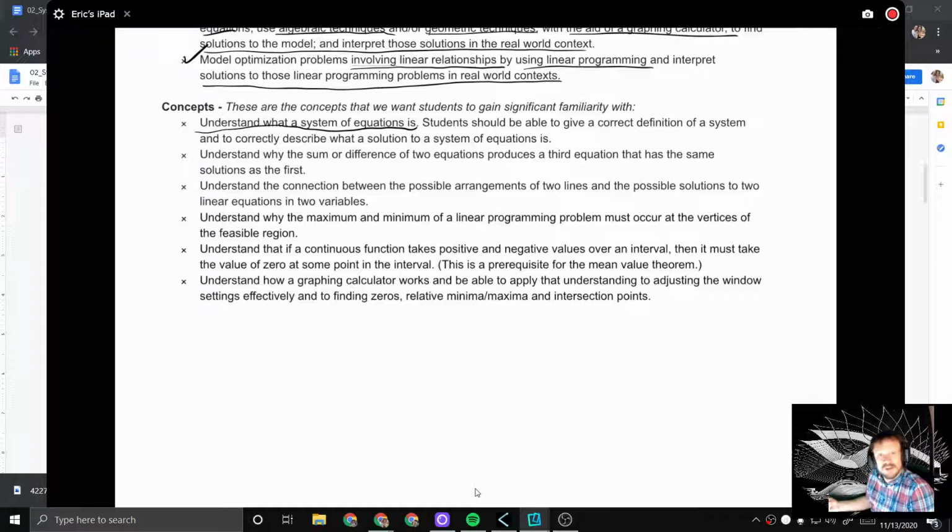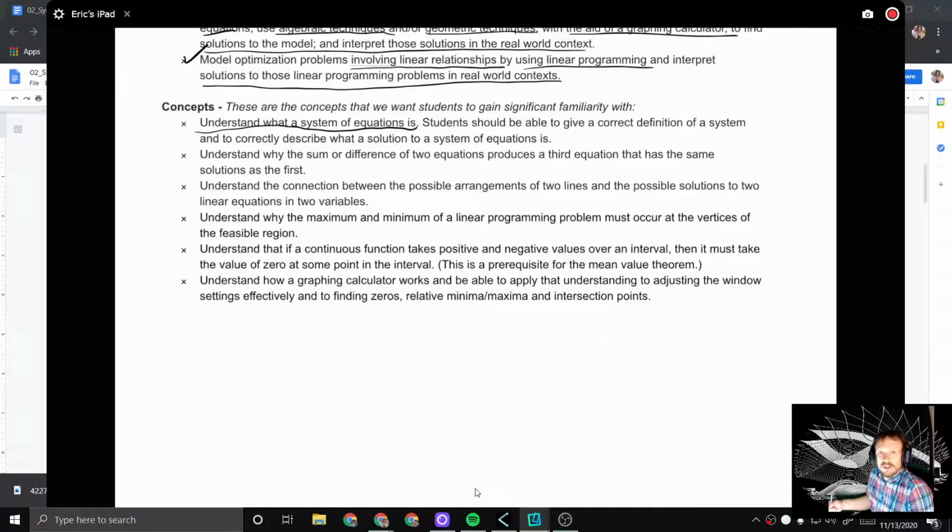So what's a system of equations? It's a set of equations. Could be 0 equations, 1 equation, 2 equations, any number of equations, where the variables refer to shared quantities. So the x's in each of the equations refer to the same quantities.